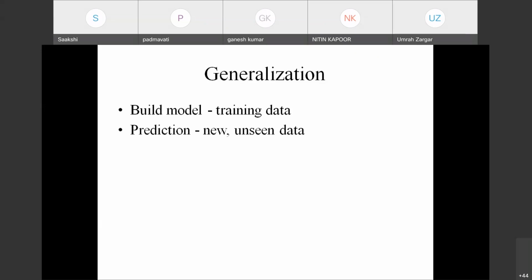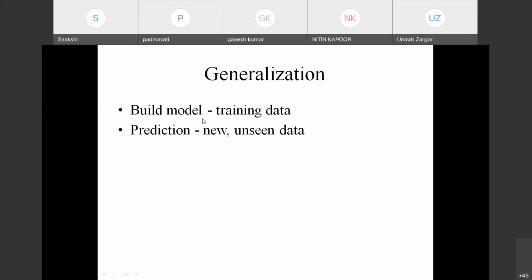Later on, I try to perform prediction, to see how my model gives the result for new or unseen data. New or unseen data is the data which the model has not seen. Here, the unseen data is nothing but the test data.